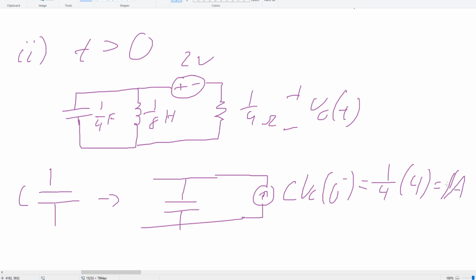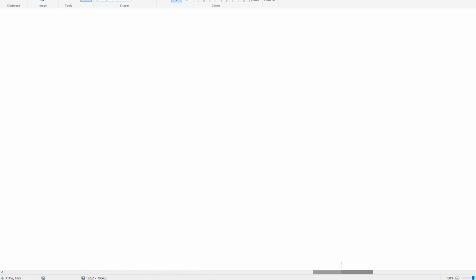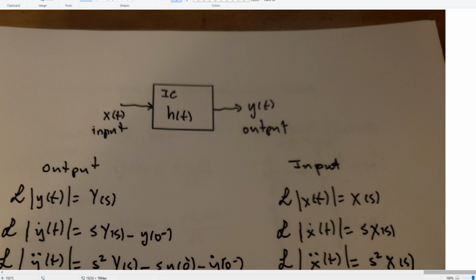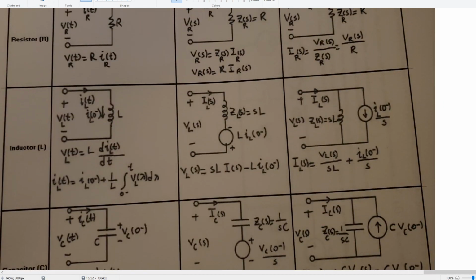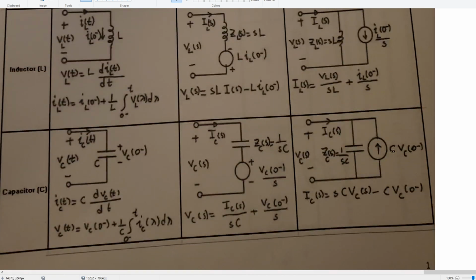Now, why do we use C V_C(0-) over here? Take a look at this. Over here, the capacitor, C V_C(0-), right?